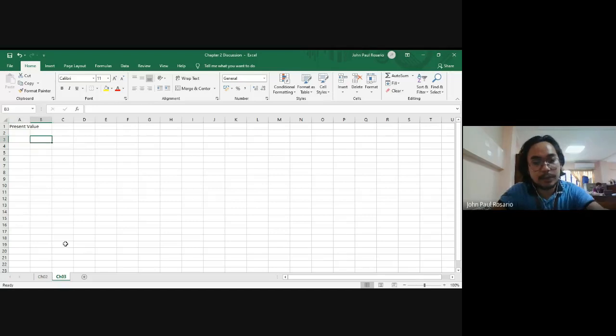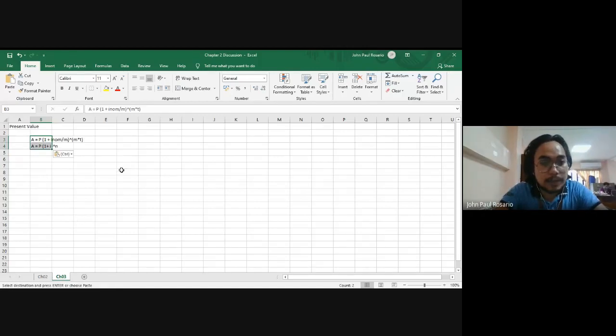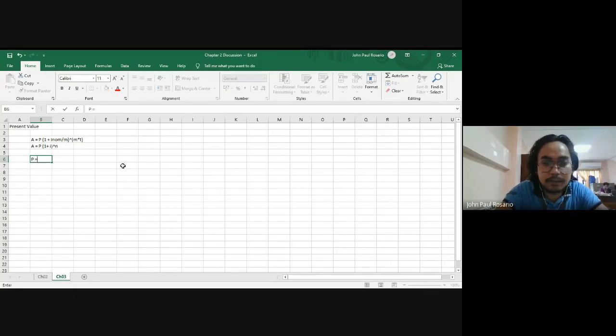Okay, so the formulas are this one. Now, since the unknown is P, the only thing that we should do is baliktaran na kasi P man ang unknown. Okay, so A is equal to P times (1 plus i) to the power of n.